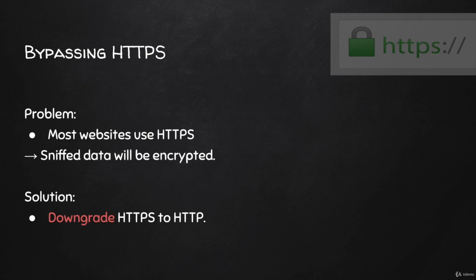To do this, we'll have to manually configure and use a tool called SSL Strip, and I show how to do this in my more advanced courses. But luckily, Man in the Middle F automatically configures and starts this tool for us.